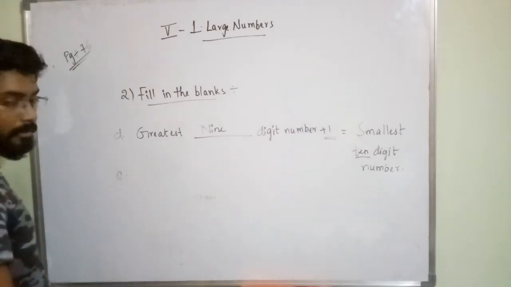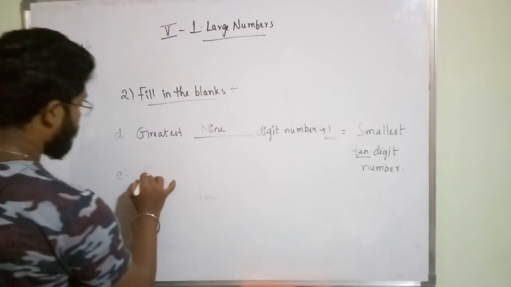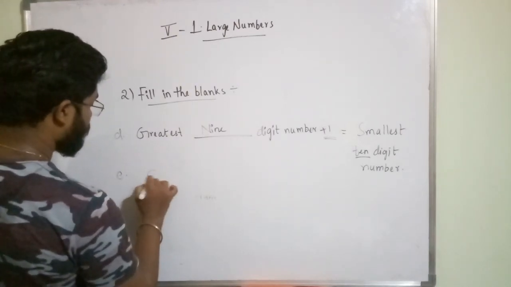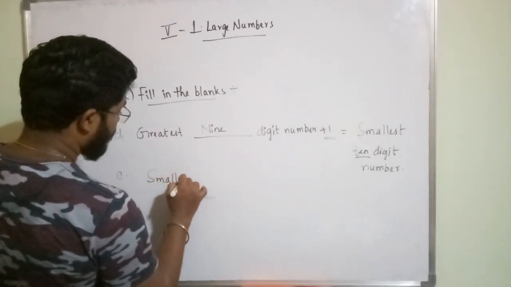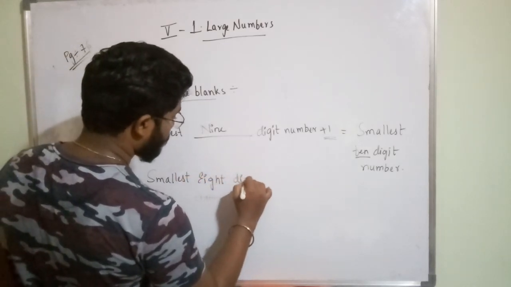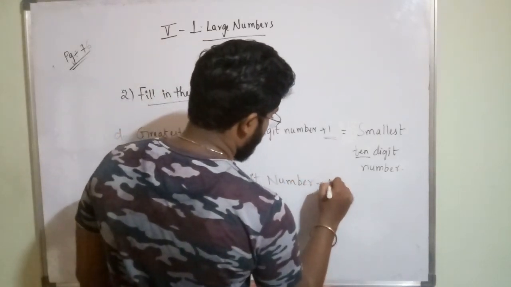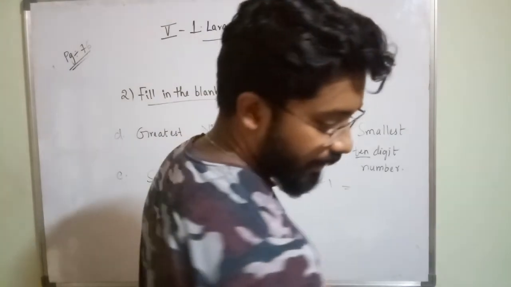Okay, next one, E. Smallest 8 digit number minus 1 equal to dash digit number.